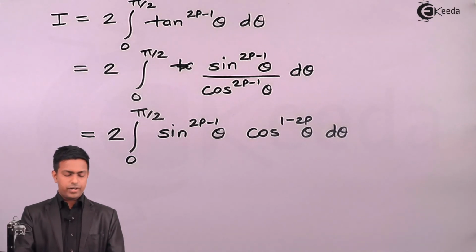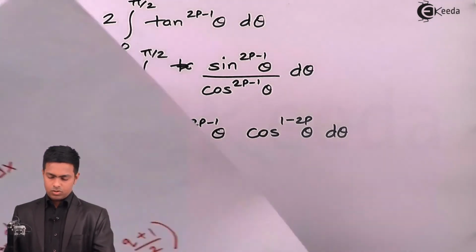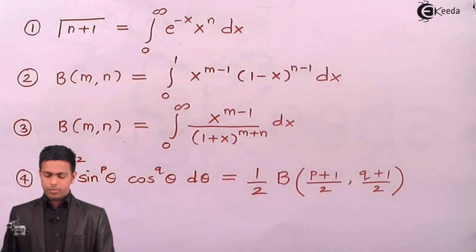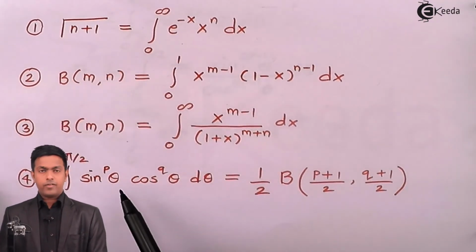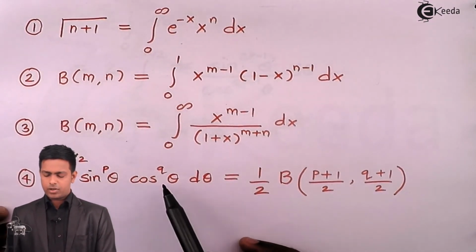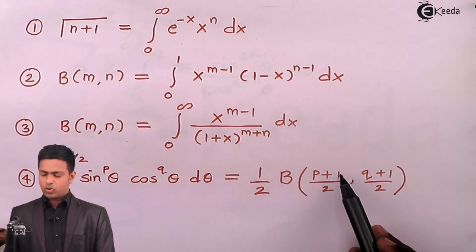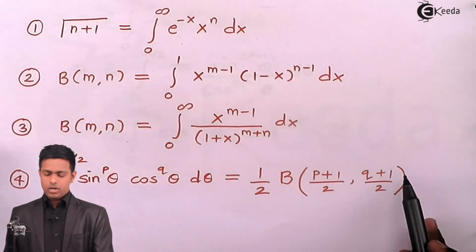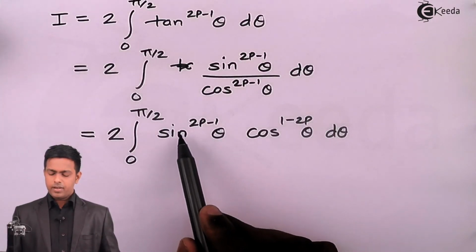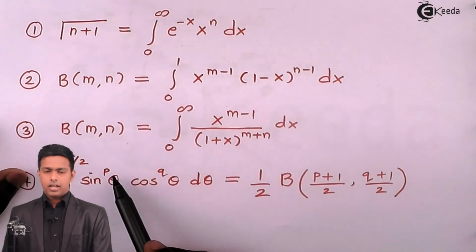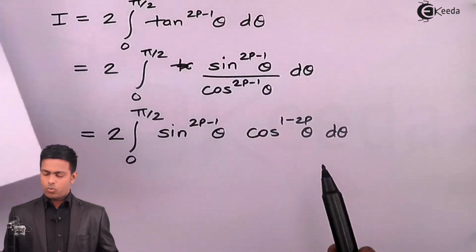I'll show you the definition. Here you can see formula number 4. Whenever we have the integral of sine to the power p and cos to the power q, it is equal to 1 upon 2 beta of p plus 1 upon 2 comma q plus 1 upon 2. In our case the value of p is 2p minus 1 and the value of q is 1 minus 2p.